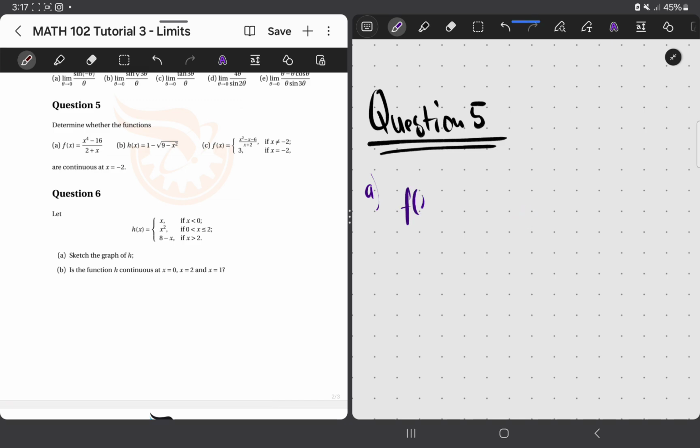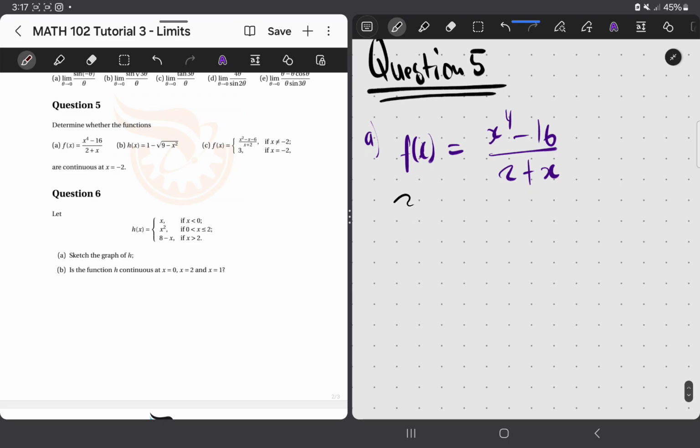Okay, so here we have f of x being equal to x to the power of 4 minus 16 all over 2 plus x. And they said check if the function is continuous at x equal to -2.